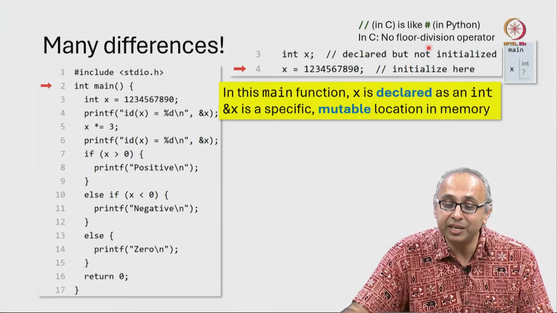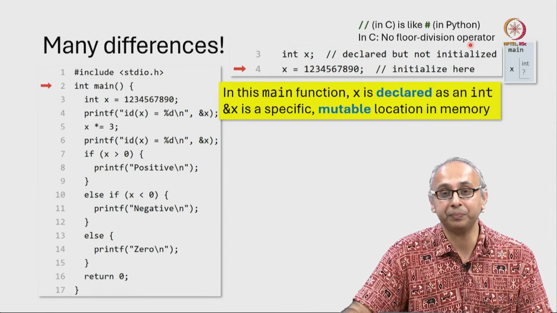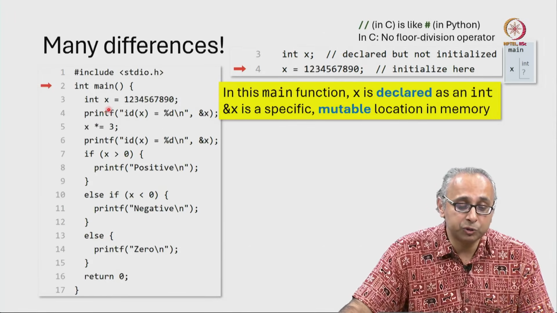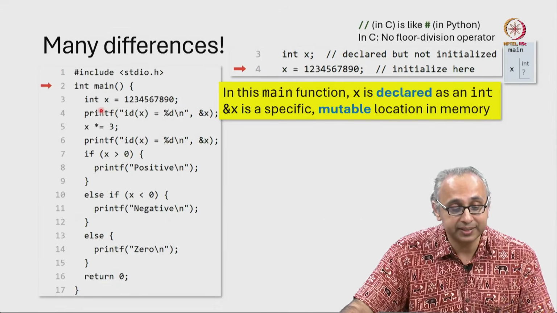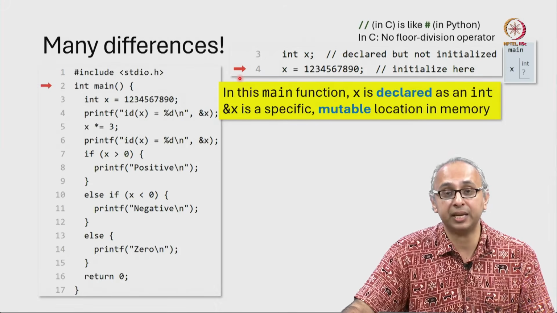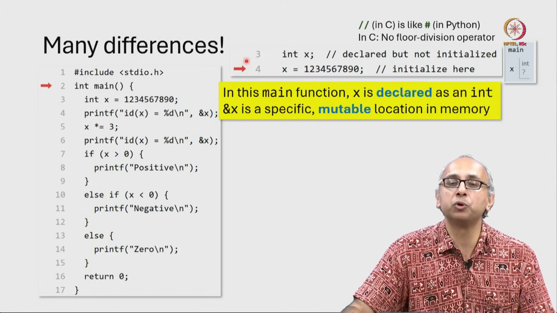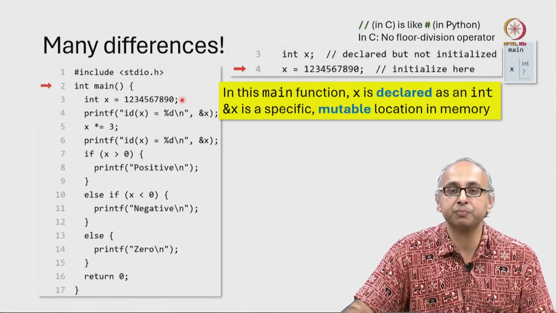It turns out there is no floor division operator in C. Now, as far as possible, I would like you to do this declaration and initialization in a single statement, not in two different statements. This is an old style of C programming, and most people prefer this more modern style of C programming.